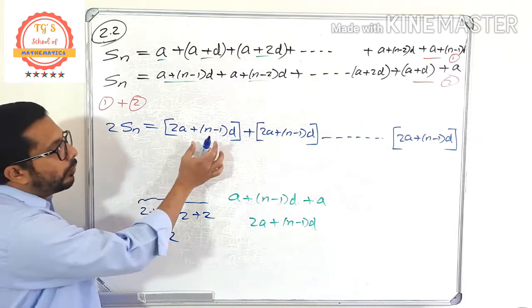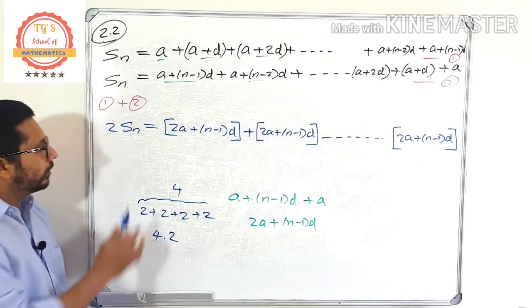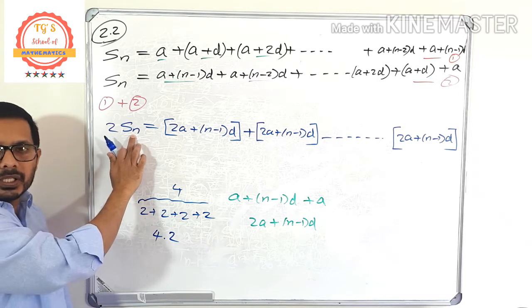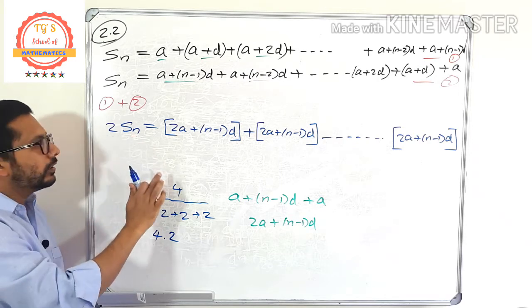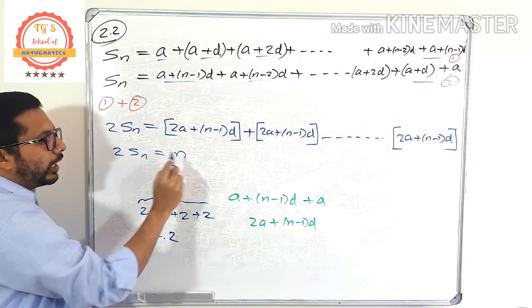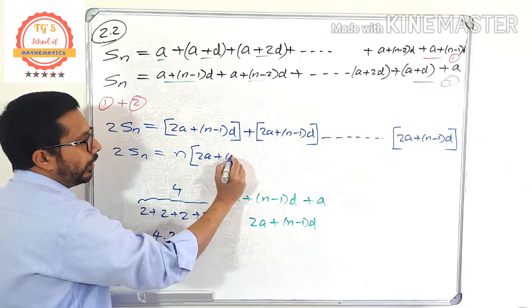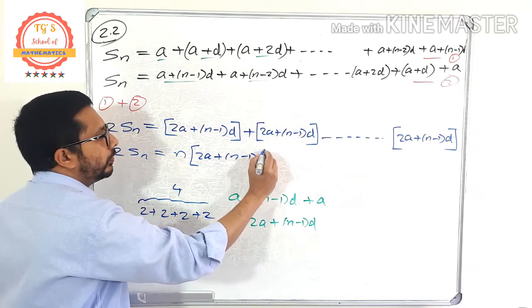Similarly, how many 2a plus n minus 1 into d are there? There are n of them. So how can we write that one? 2Sn is equal to n 2a plus n minus 1 into d.